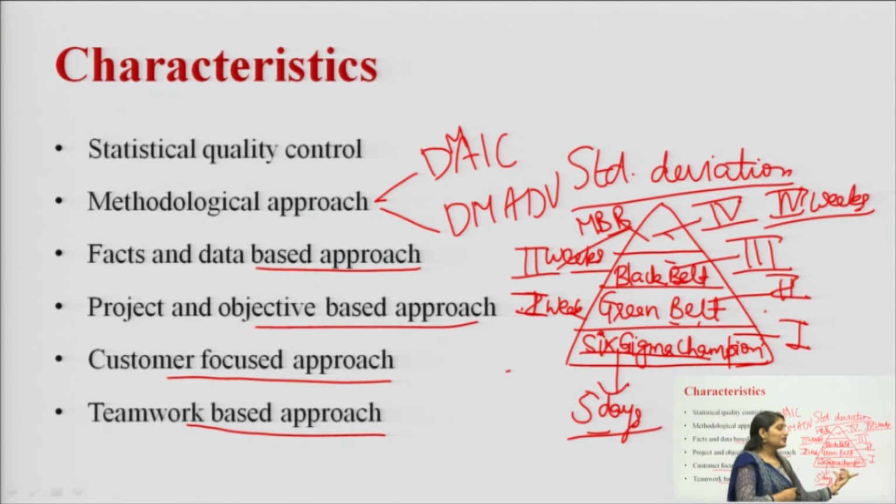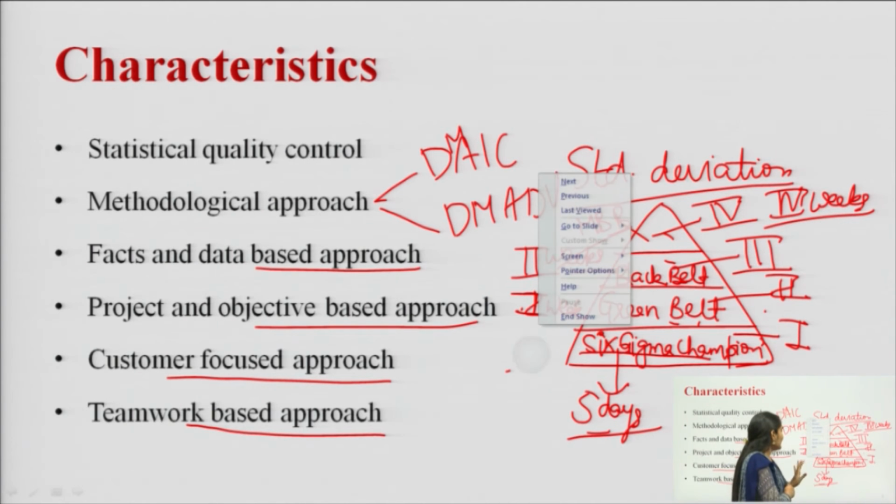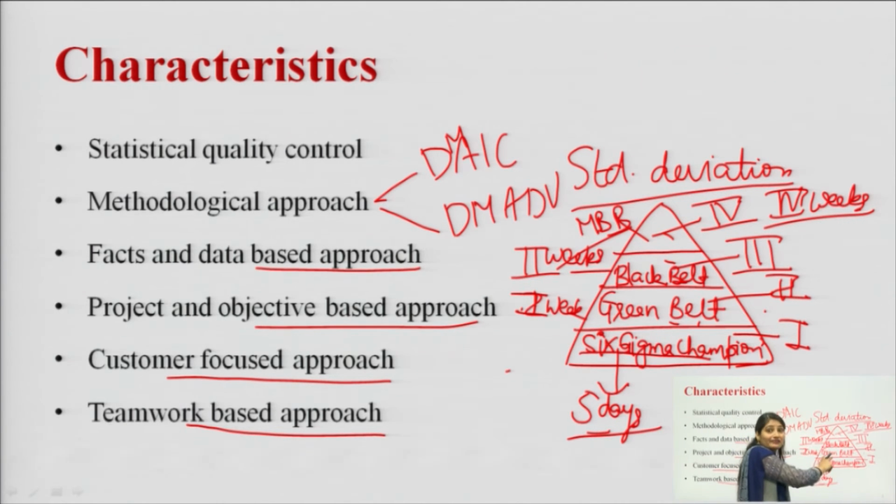Six Sigma champions are the personnel who are taught to handle the team and the project. Green belt professionals, that is level 2, are provided with 1 week training, and they work in coordination with the project team as project team members.